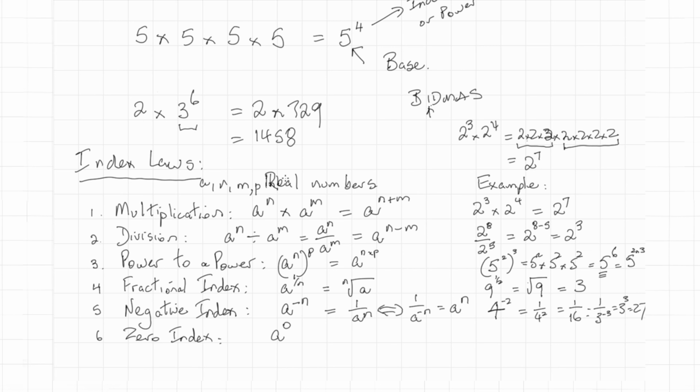A little proof of that, if you've got a to the n over a to the n, now from basic mathematics we know that anything divided by itself is equal to 1. But using the second law for division, we know that we've got to subtract these indexes.